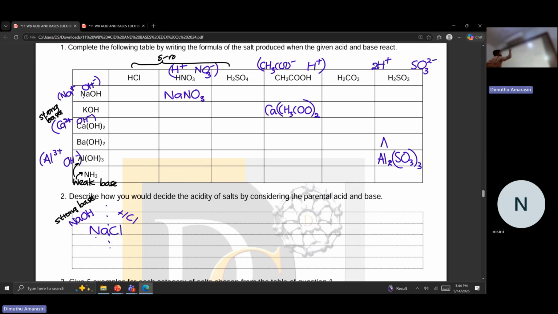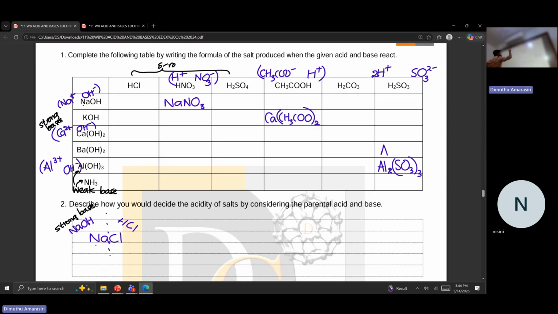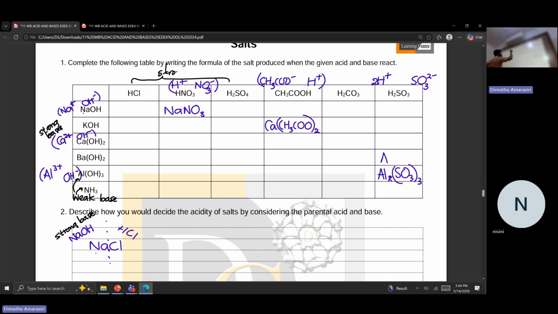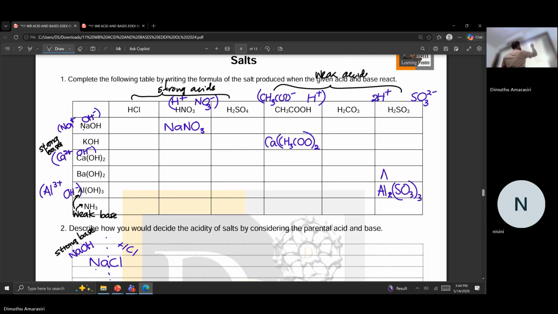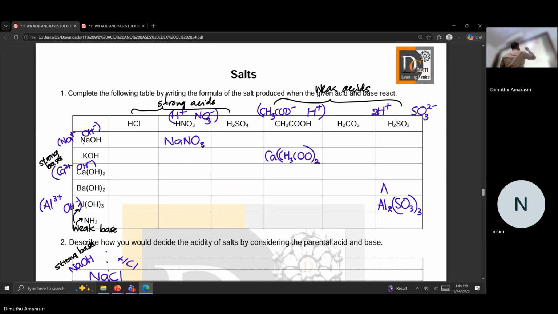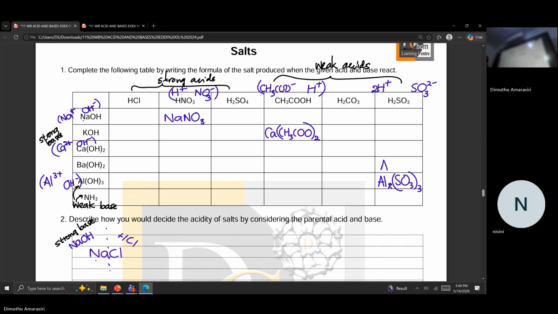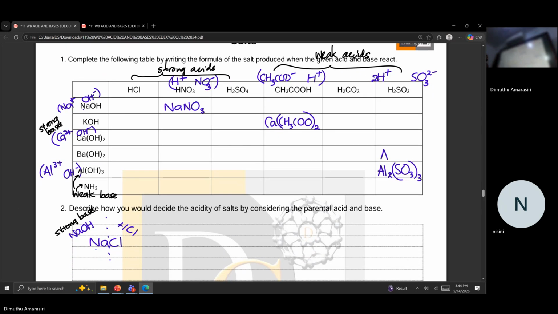They are strong acids. And these guys are weak acids. Right.